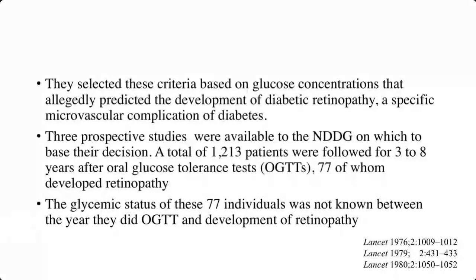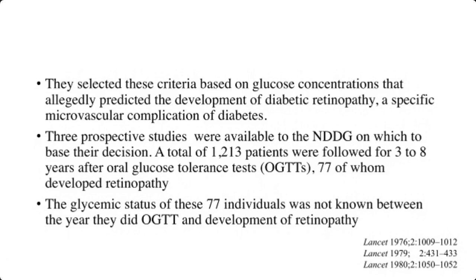Only 77 patients developed retinopathy, and these 77 patients were the first people used to set a criteria for diabetes, which is a fasting blood sugar of more than 140, and a 2-hour post 75 gram oral GTT of more than 200.